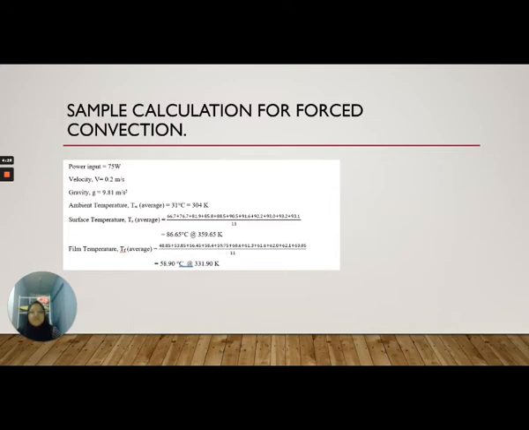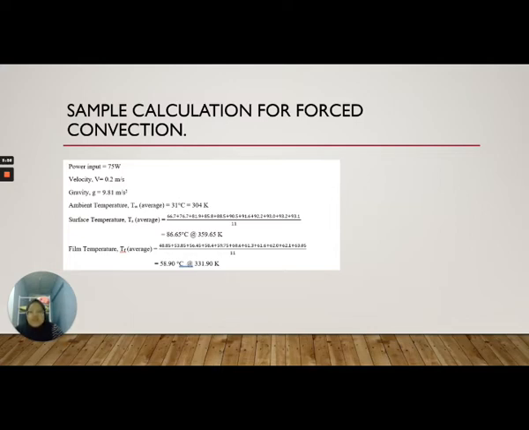The example I use is the power input of 75 watt and velocity 0.2 meter per second, sorry. The ambient temperature is fixed, so the ambient temperature is 31 degrees Celsius.